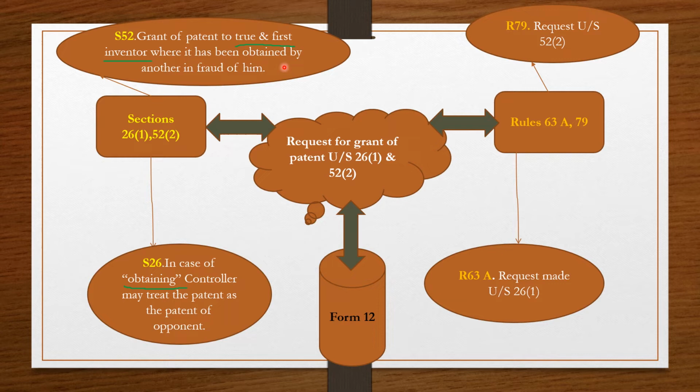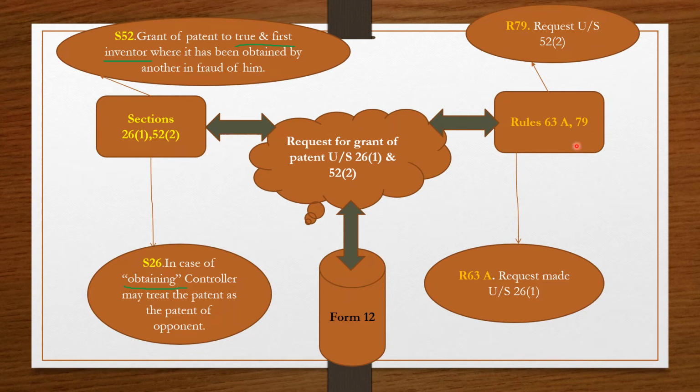But if someone has taken the invention from him or her by doing some fraud, then this section deals with this. That means it will always grant the patent to the true and first inventor. That's why the title is grant of patent to true and first inventor where it has been obtained by another in fraud of him. Fine, I hope it is clear now.